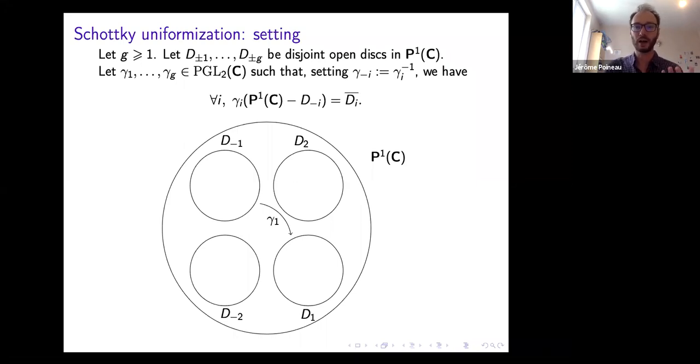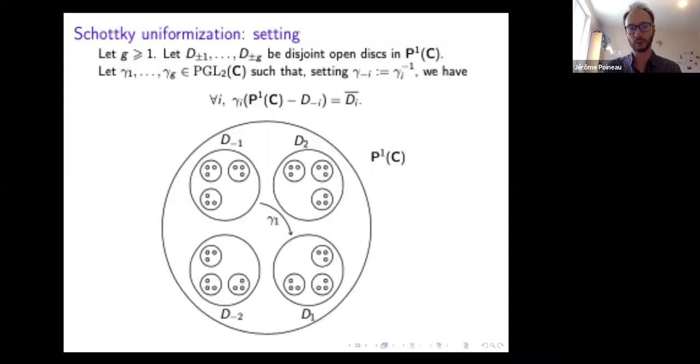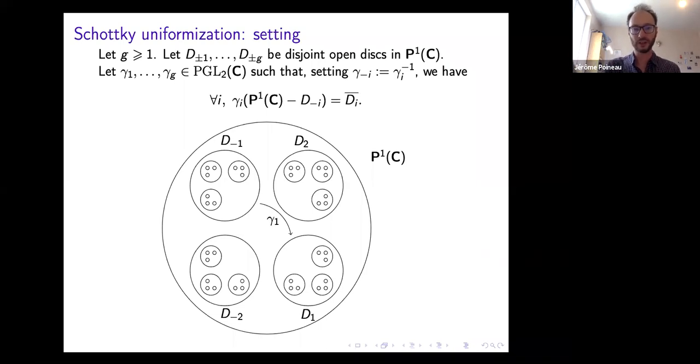If you let the gamma i's act once on this picture, you find some kind of a copy of the fundamental domain inside of all the disks. If you let the gamma i's act once more, you find something like this, and so on and so forth. You get smaller and smaller disks, and at the end, you just get infinitely many points, but still in some quite controlled and quite small set, outside of which you control the action of the gamma i's. So that's how Schottky uniformization works.